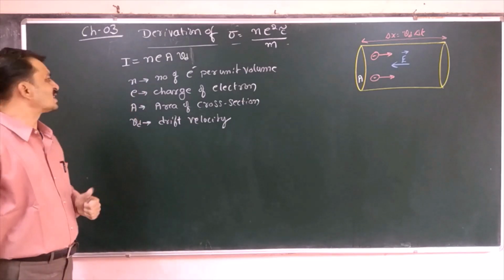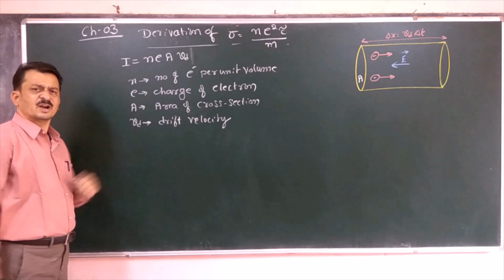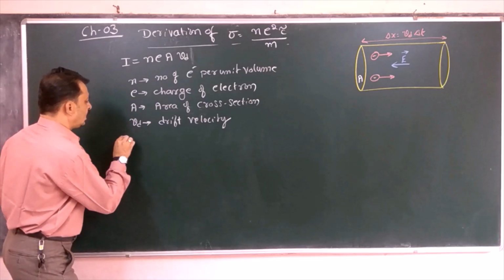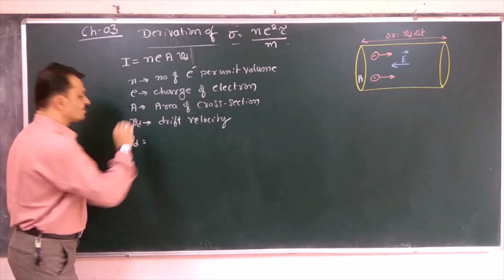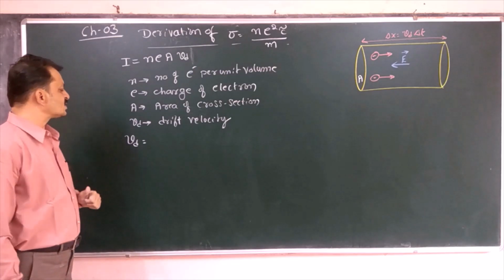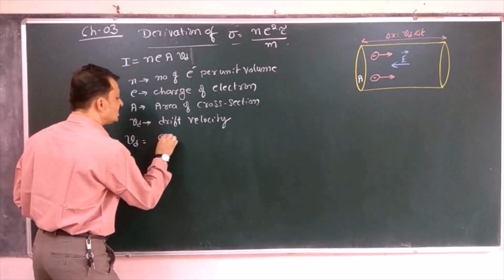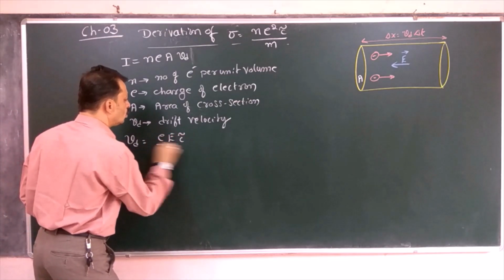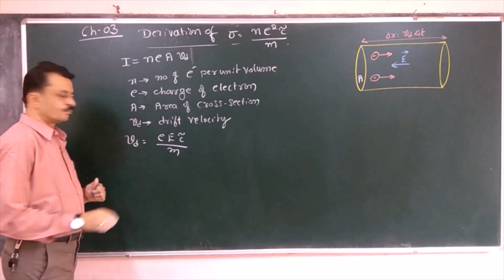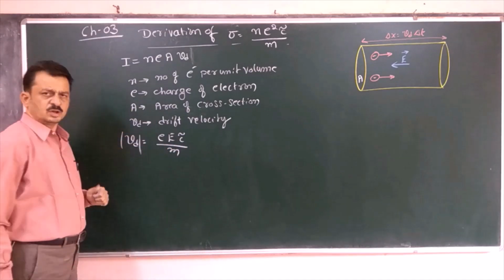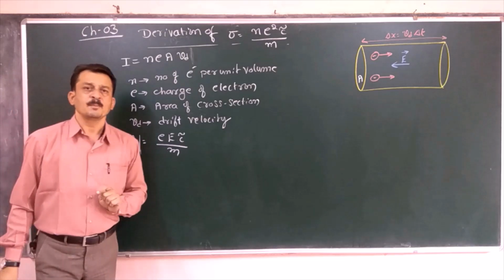We know this relation. And also we have derived one more expression for drift velocity. What is the expression for drift velocity? It is e tau divided by m, we are taking only the magnitude. That's why we are neglecting the minus sign.